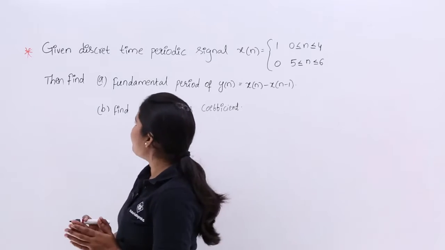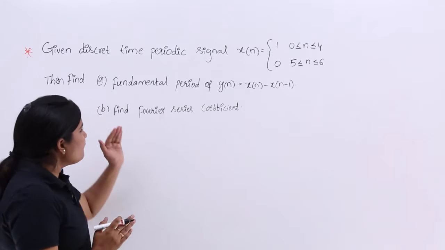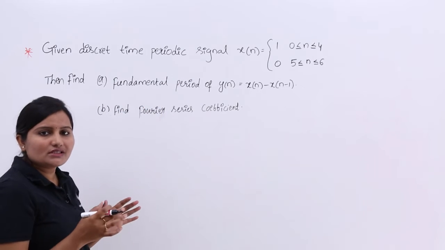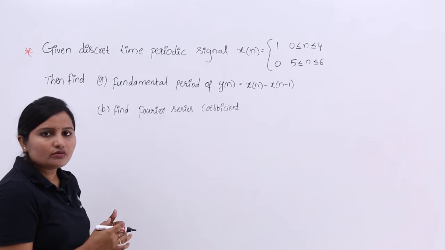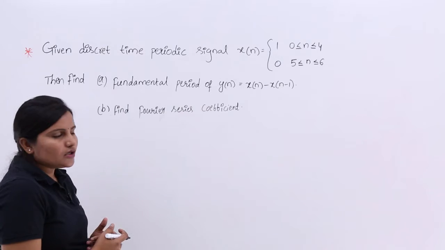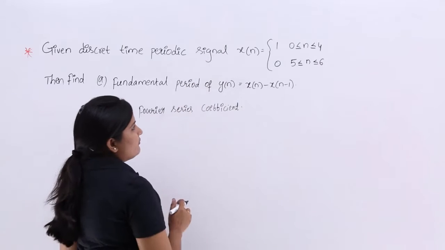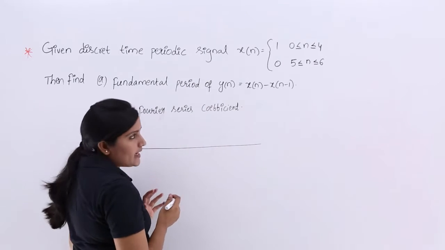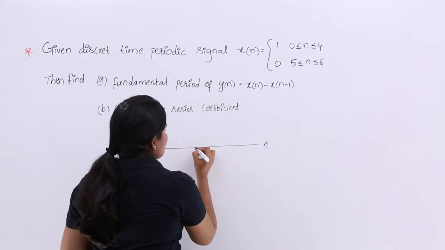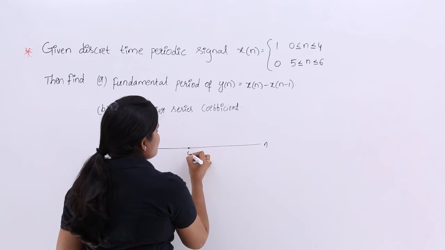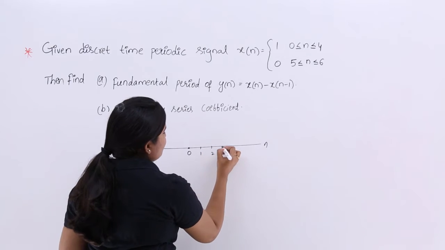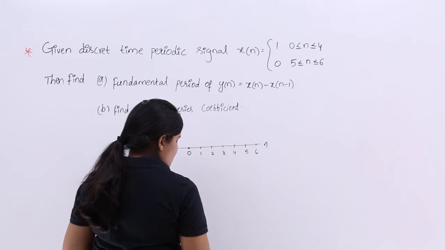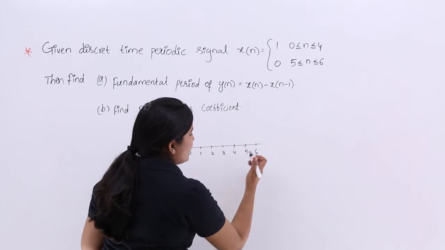Coming to the first part of the problem, the fundamental period of y of n, first we need to check how the signal y of n will look. So, now I am going to draw x of n here. I am taking the axis of n, discrete n. So, if this is 0, 1, 2, 3, 4, 5, 6, 7, 8, 9.